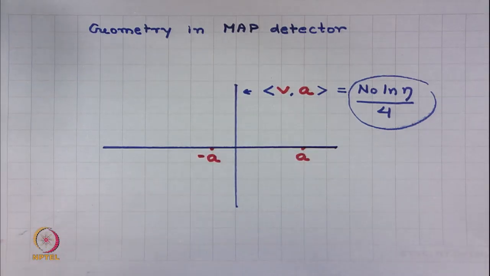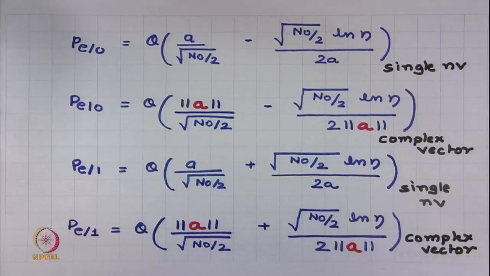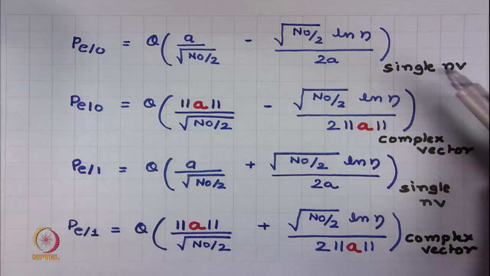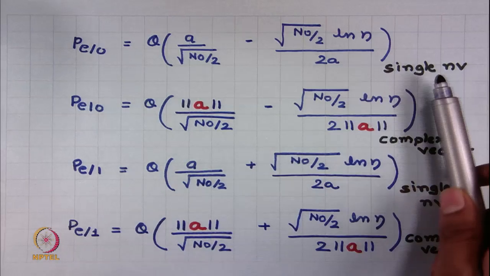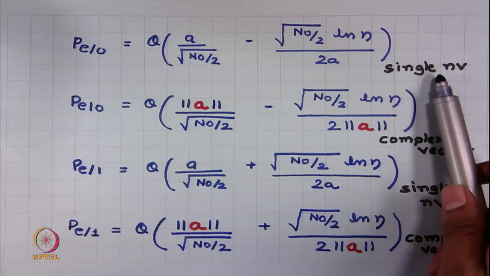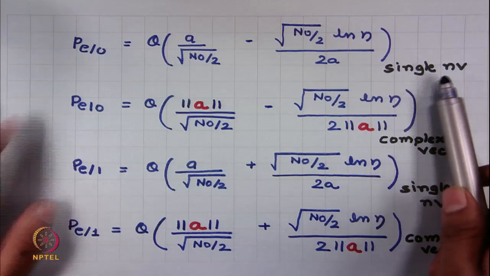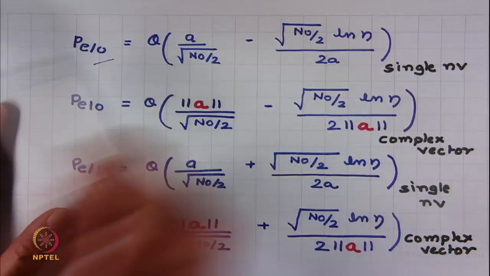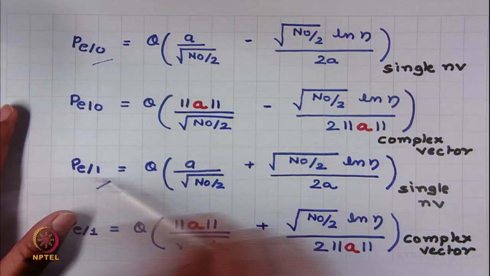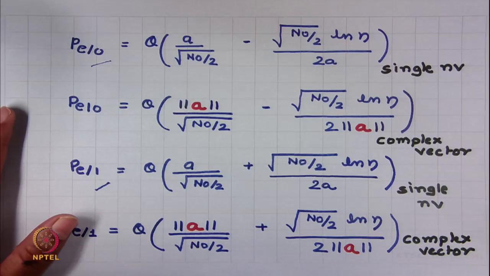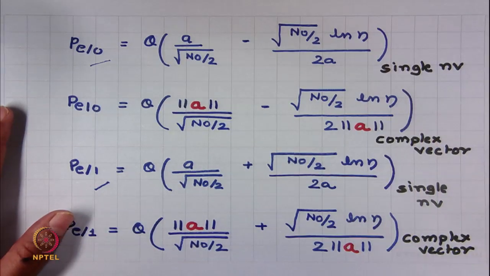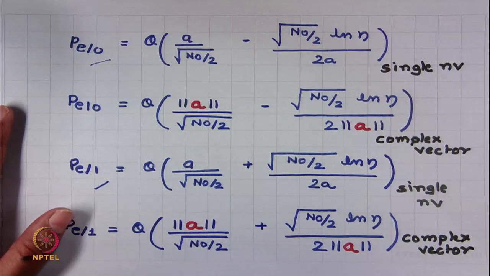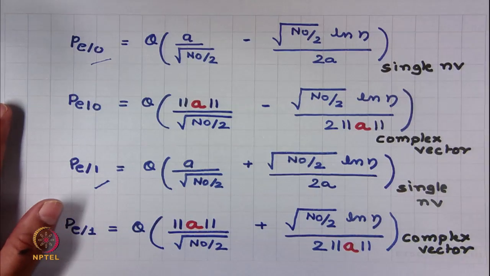So, what about the error performance? We have already calculated the error performance in case of reception of single numerical values. There we calculated the probability of error given 0 and the probability of error given 1. In case of complex vectors, we get the same probabilities of error.